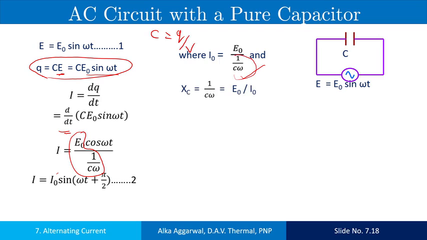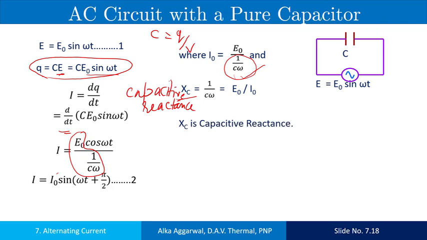This 1 upon C omega is represented as Xc, which is called capacitive reactance. It plays the same role in the AC circuit as the resistance plays in a resistive circuit. As it plays the same role as resistance, its unit is the same, that is ohm.